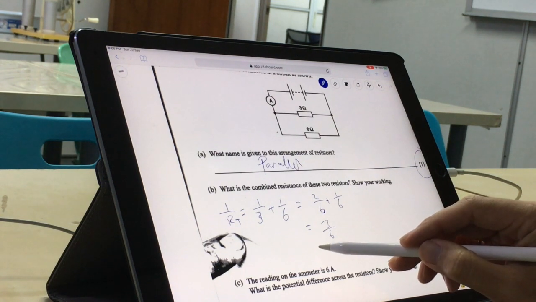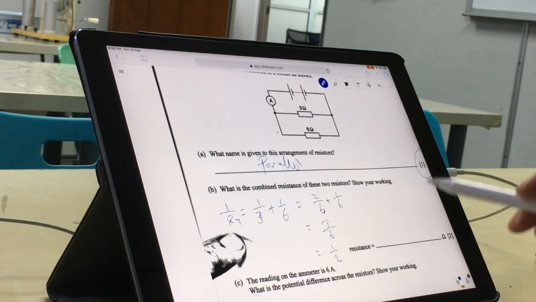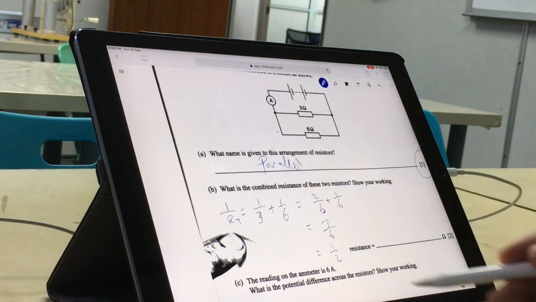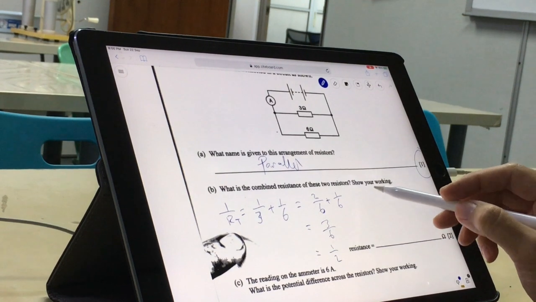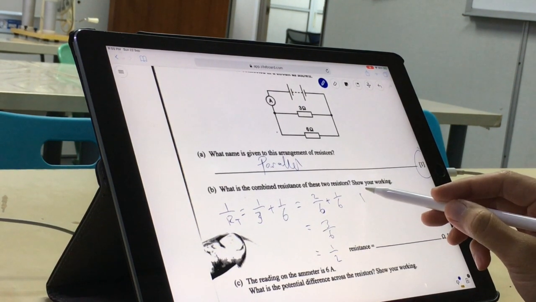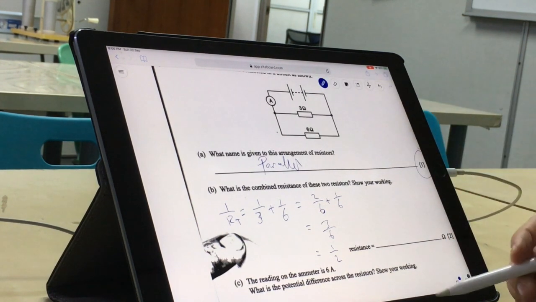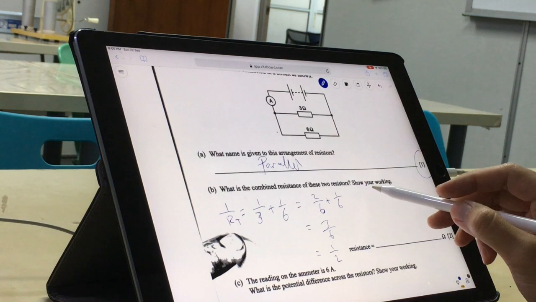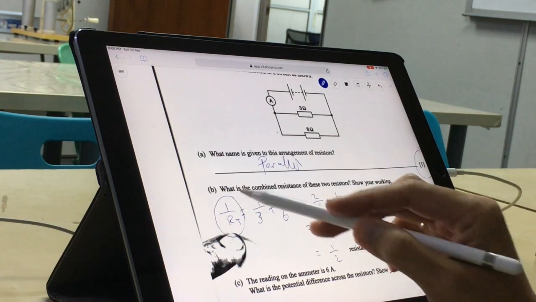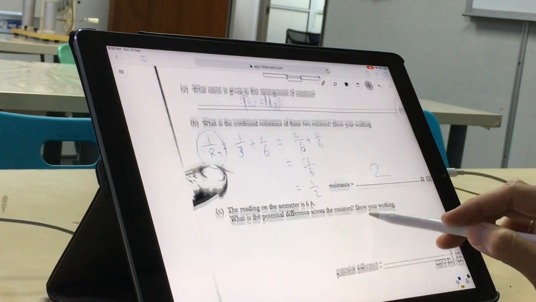Wait, let me calculate. Actually, you see, are you there? Answer is 2. Very good. So it's 2 ohm, that's correct. So we go on to the next one.